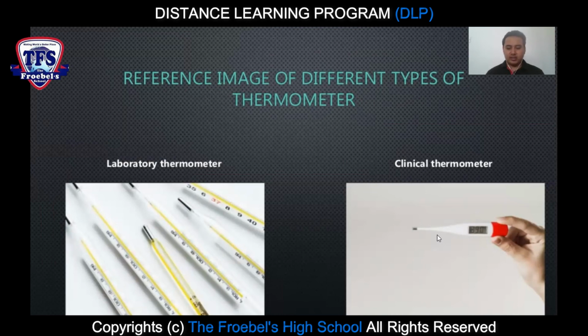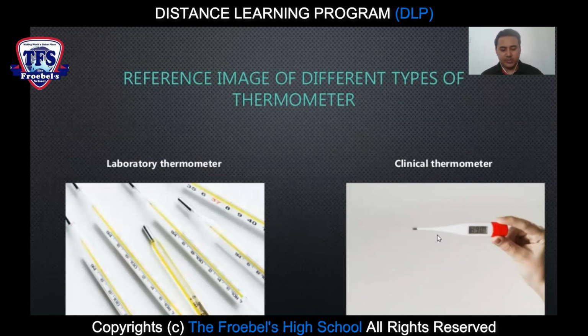Especially the range is related with your ice point and steam point concept. So remember the ice point, what is it? This is the temperature of pure melting ice at a pressure of 1 atmosphere, and it is assigned a value of 0 degrees centigrade.